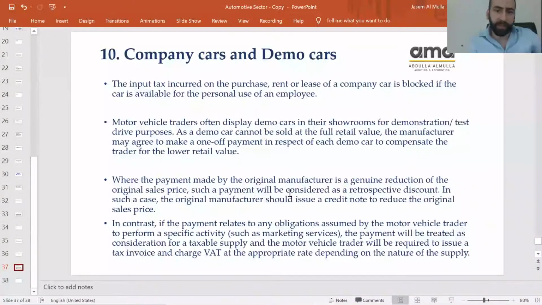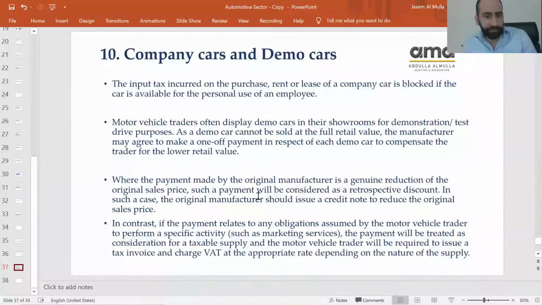Here, where the payment made by the original manufacturer is a reduction of the original sale price, such a payment will be considered as a retrospective discount. In such a case, the original manufacturer should issue a credit note to reduce the original sale price.